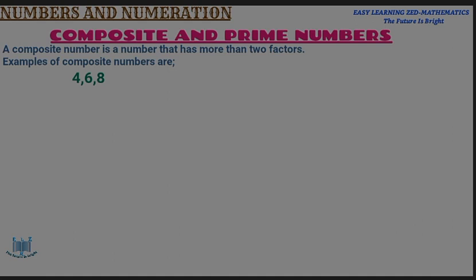So it has 4 factors, so it's a composite number. 9 is also a composite number, as it has 3 factors. 10 is also a composite number. It has got more than 2 factors. 12 is a composite number as well. It has got more than 2 factors.